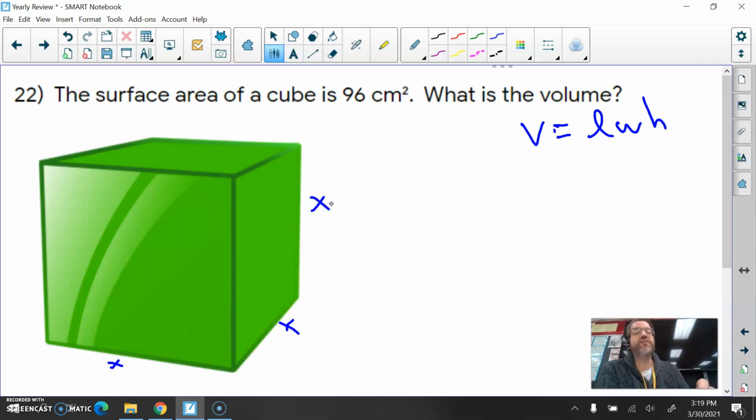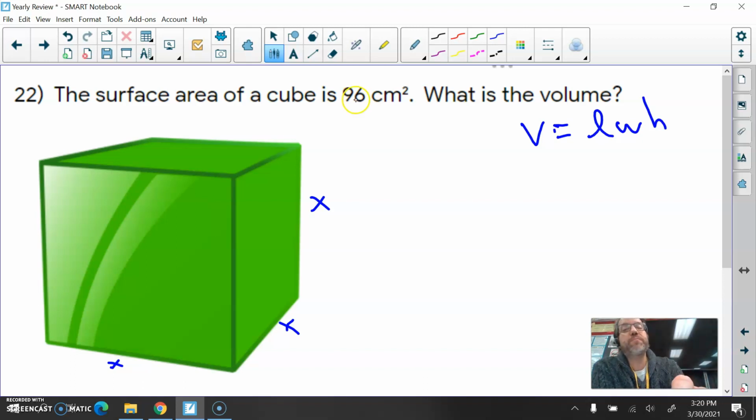So what I can do here is the surface area is all of the outer surface of this cube, the part that's green. If you imagine it being like green plastic, it's all that green part. The inside is hollow. So the surface area is all 6 faces added up, all of their areas added up.